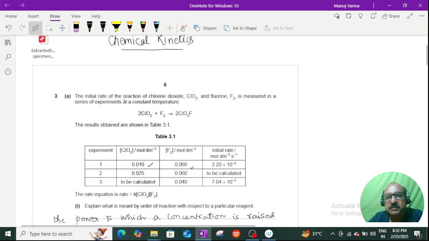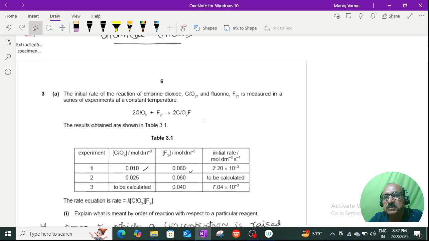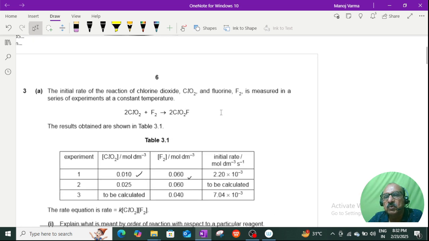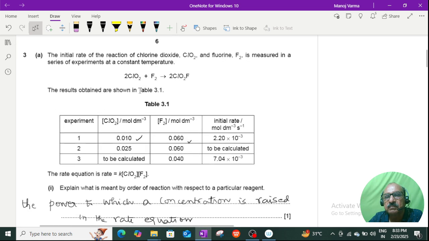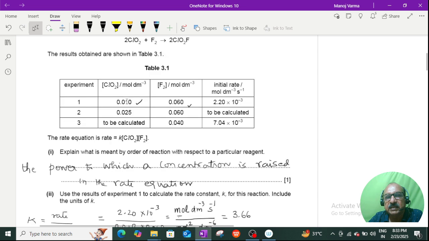The initial rate of the reaction of chlorine dioxide ClO2 and fluorine is measured in a series of experiments at a constant temperature. So this is the reaction between chlorine dioxide and fluorine. It gives 2ClO2F and the results are shown in the table.